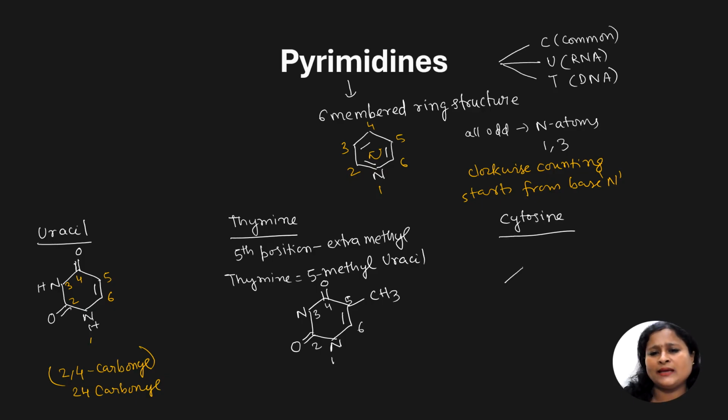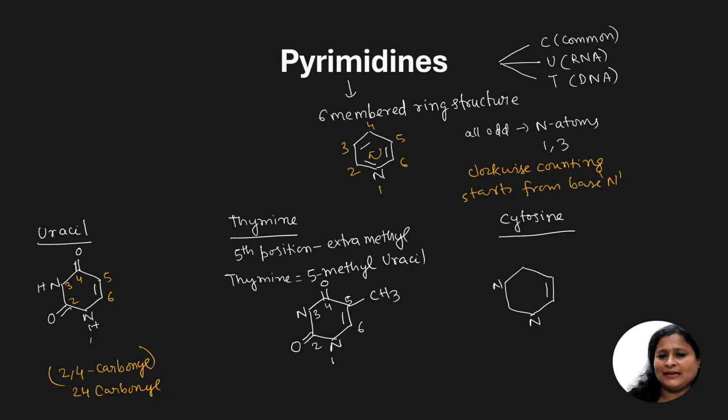Now let us make the core structure. So here what happens? We can make the double bond here, nitrogen atom, here one nitrogen atom.